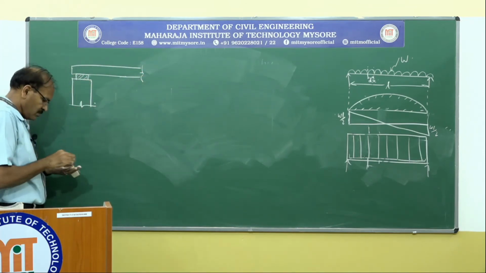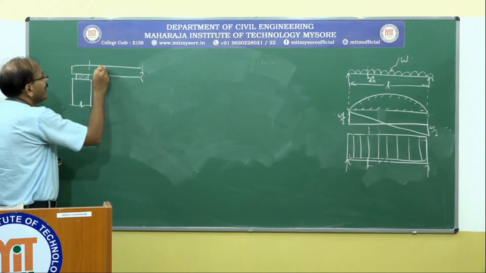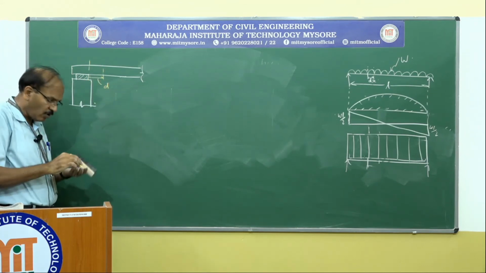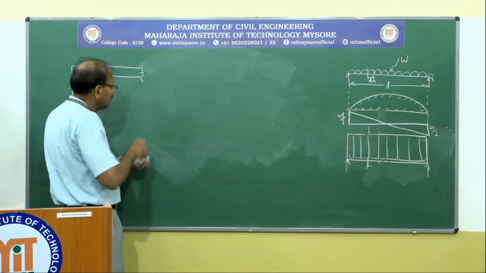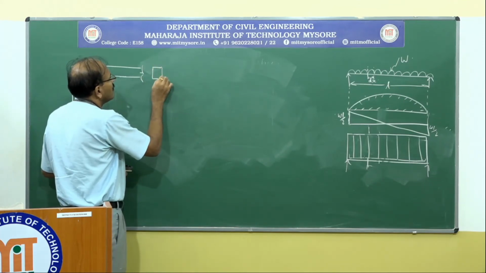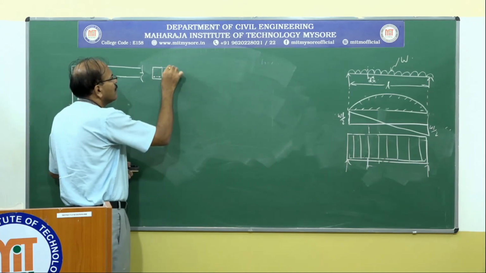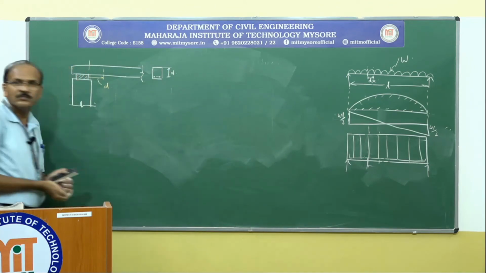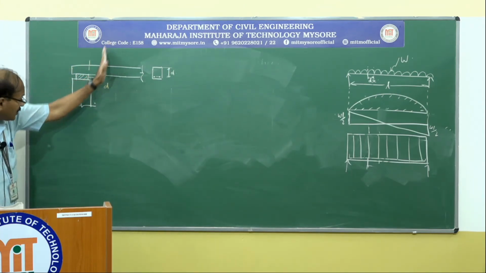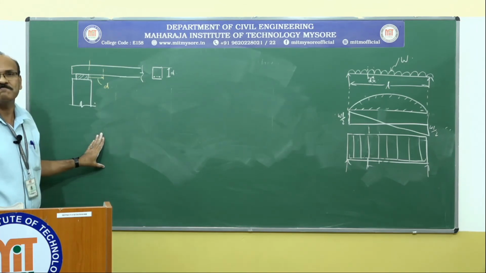So from the face of the support, you go for a distance of small d, where small d is the effective depth of this beam. So we must consider shear here, and we have to take that as maximum shear.